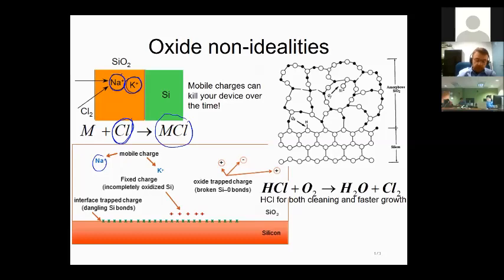But on top of it, we have lots of other non-idealities, like there might be some silicon bonds that weren't oxidized there. So they will create these interface charges. There might be incomplete oxidation of the silicon, which will create more charges for you, or some of those silicon-oxygen bonds might be broken inside the oxide, and they will also create some non-idealities.